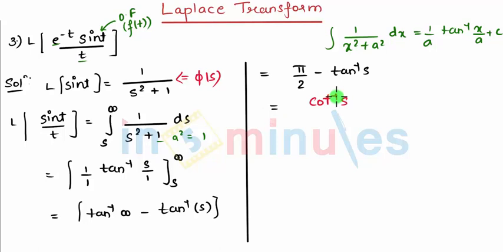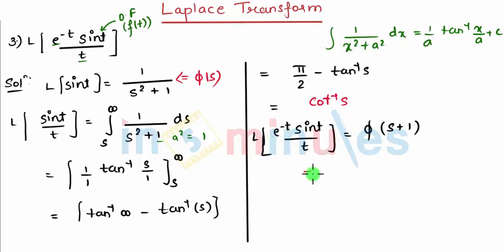Now we are still remaining to apply the effect of first shifting, which gives me Laplace of e raised to minus t sin t divided by t. That is nothing but I'll be getting the effect s plus 1 due to e raised to minus t. Then my final answer comes, which is equal to cot inverse, in the place of s, I'll be writing s plus 1.